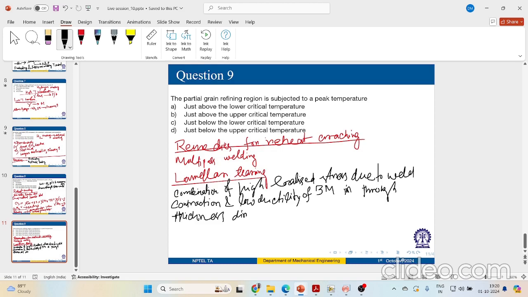And one practical way of avoiding lamellar tearing is to employ a joint design that will allow the contraction stress to act more in the rolling direction of the susceptible material and less in the transverse direction. That is a practical way, by designing your joint in such a way that you can avoid lamellar tearing, right?